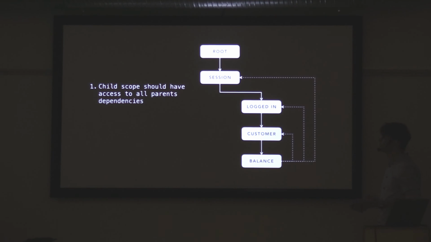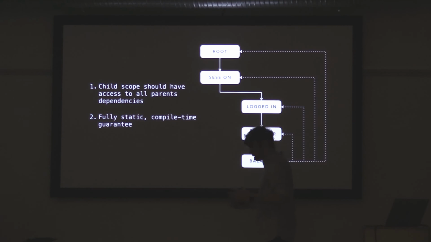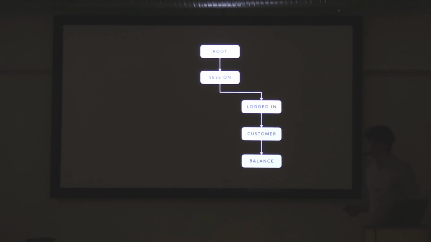Logged-in dependencies, session dependencies, root dependencies. Would it be nice to have access to them without passing them explicitly? And second, we want a fully static compile-time guarantee, meaning that if it compiles, then the dependency will be there. It's not any kind of runtime trickery where you might fail. No, we want this guarantee. Can we do that? Let's see.